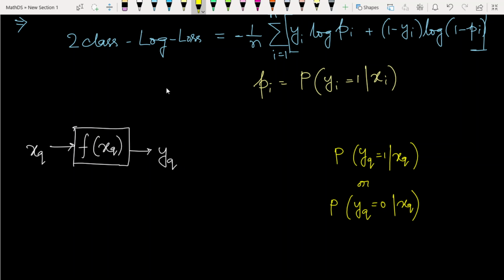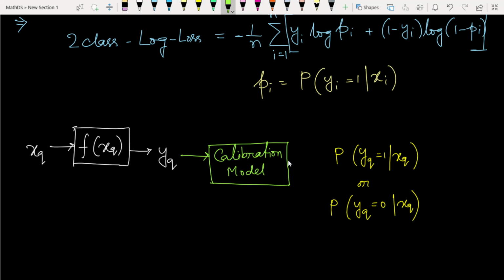So using this output yq, we have to build another model. That model is called the calibration model.